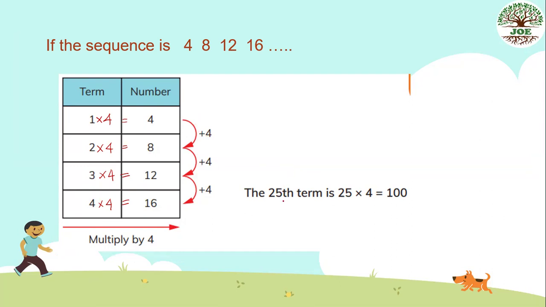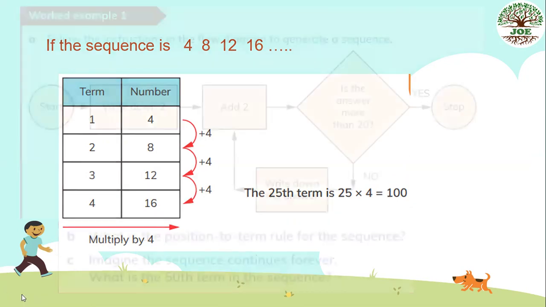So the 25th term is 25 times 4, it is 100. 25th is far away from 4, but we can find it easily like this when we know our position to term rule, multiply by 4. If our term is the 30th term, we find 30 times 4, it is 120. So if we know our position to term rule, we can find any term in our sequence easily like this.